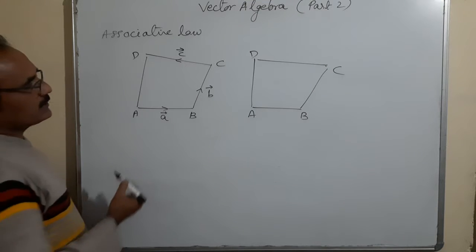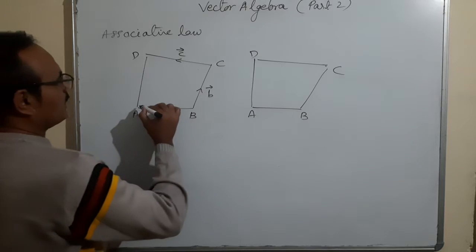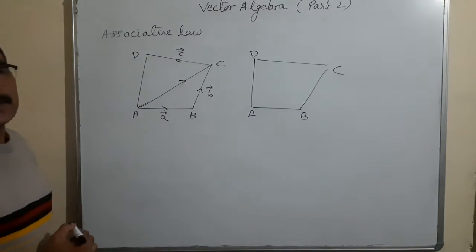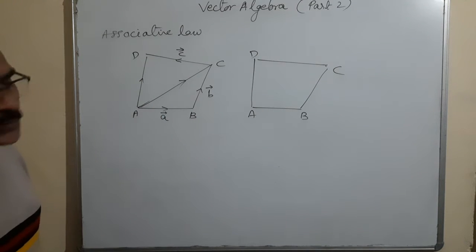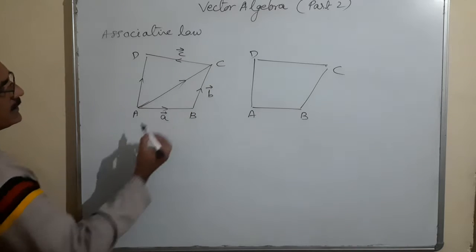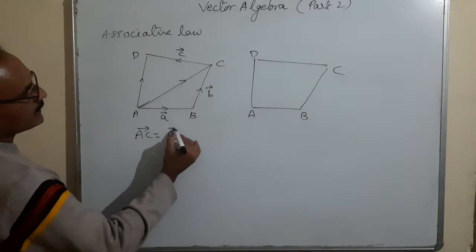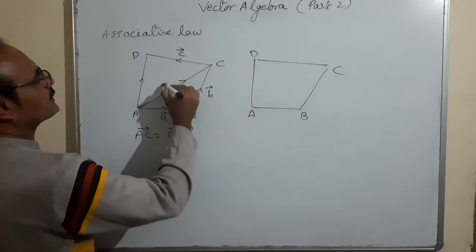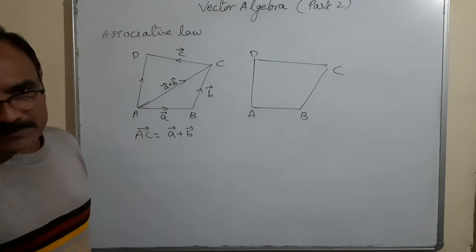If I join from A to C, then vector AC is equal to vector a plus vector b.